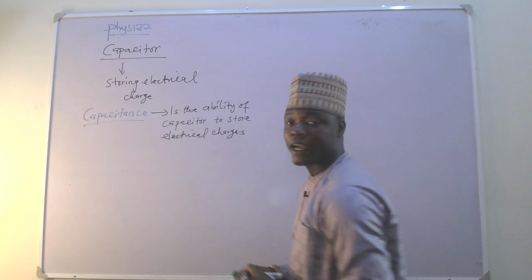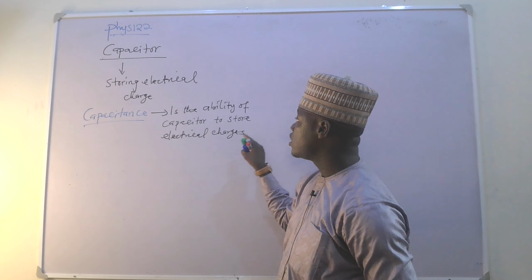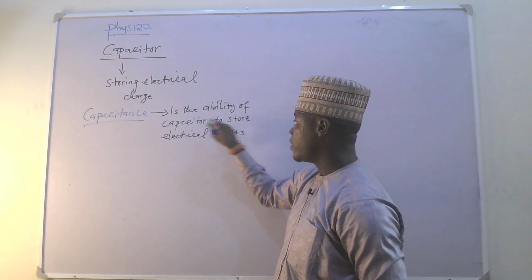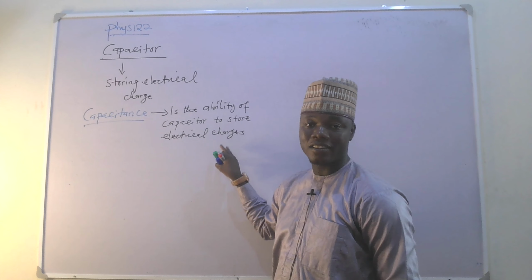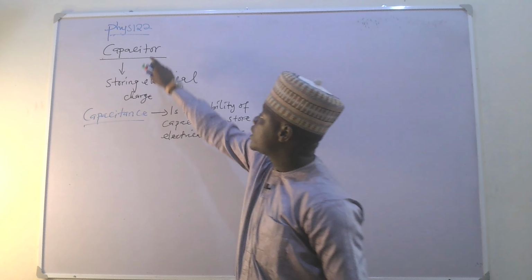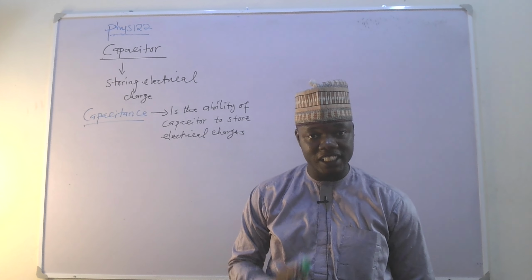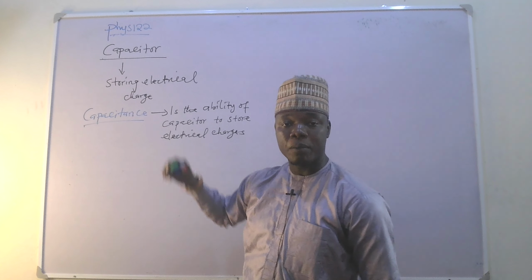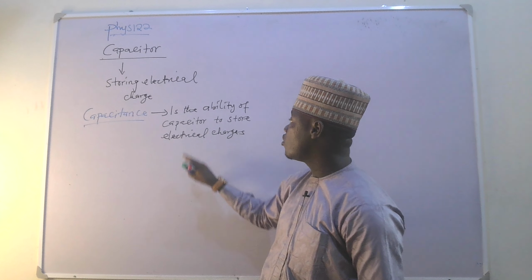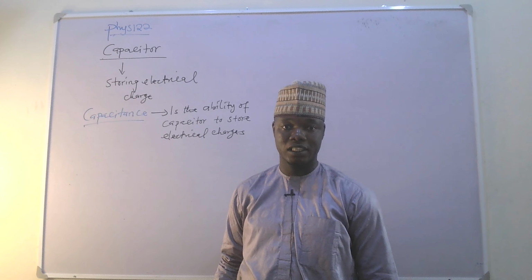So first we start with a capacitor, a device used for storing an electrical charge, while capacitance is the ability of a capacitor to store an electrical charge.